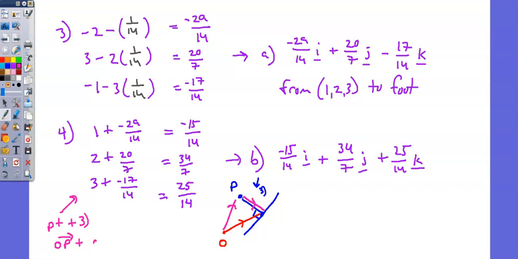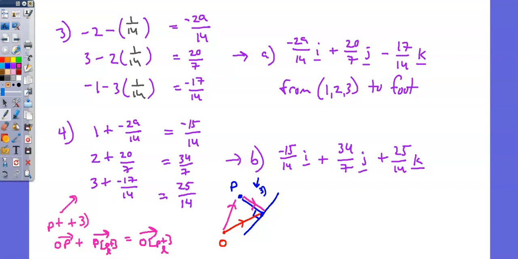And so that is P to whatever we want to call that point. And then according to vector algebra, that is going to give us O to the point, the point on the line to be specific, dealing with 2 points, the given point and then a point on the line.